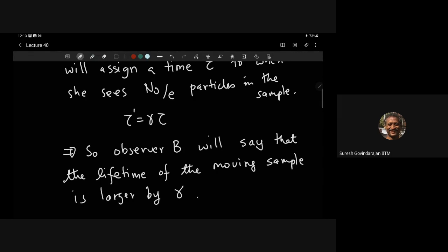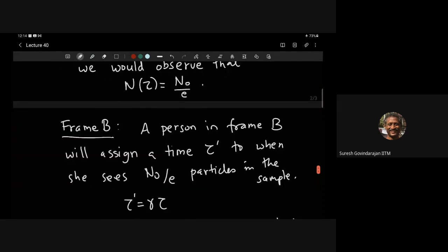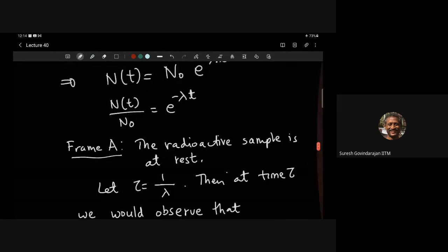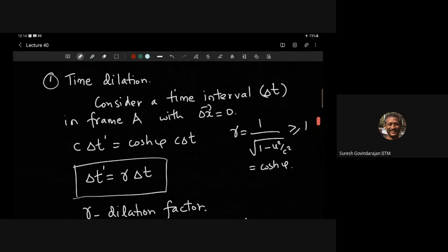Do you agree with this point? Time is getting dilated, so lifetimes get dilated also. This is an example of an application of this simple formula.